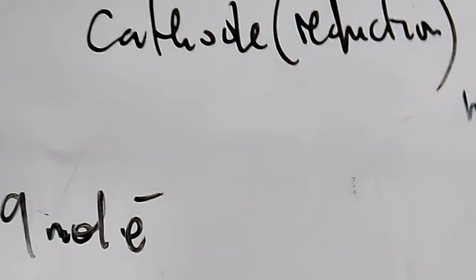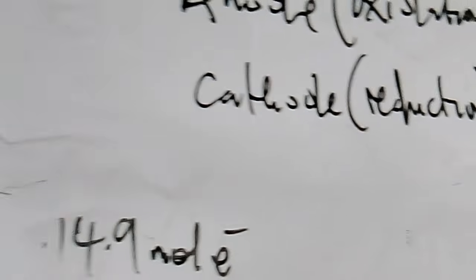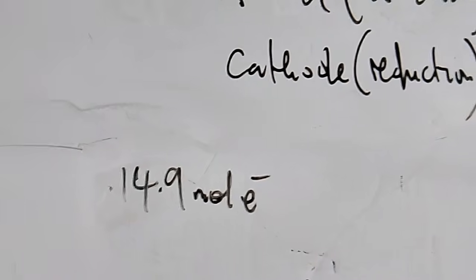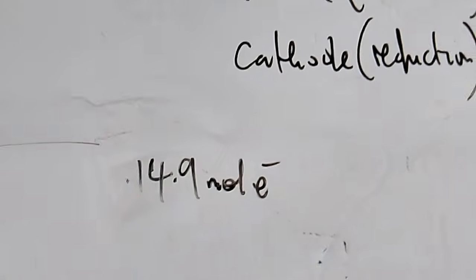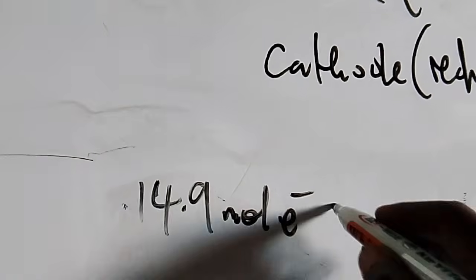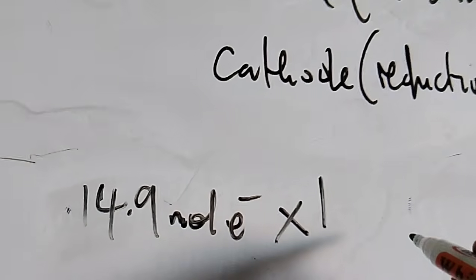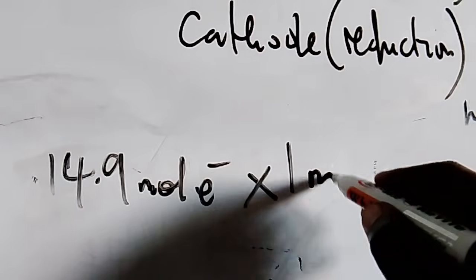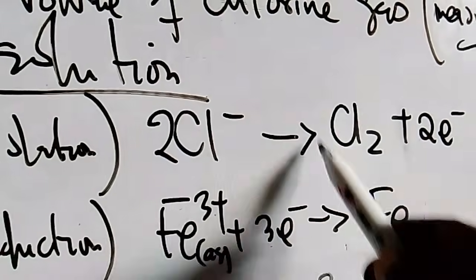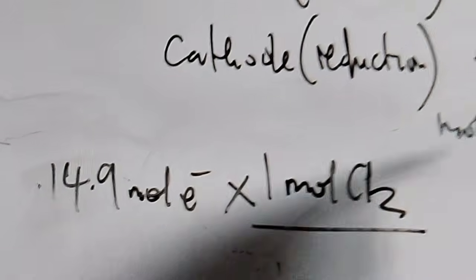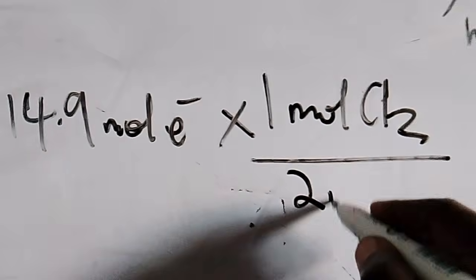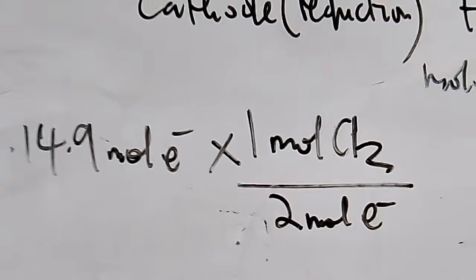That's what we found, 14.9 moles of electrons. Then multiply by how many moles of chlorine. We have 1 mole of chlorine from the equation, and 2 moles of electrons.